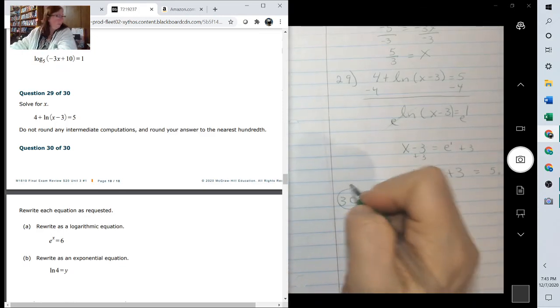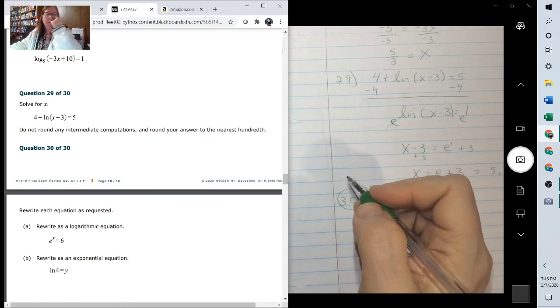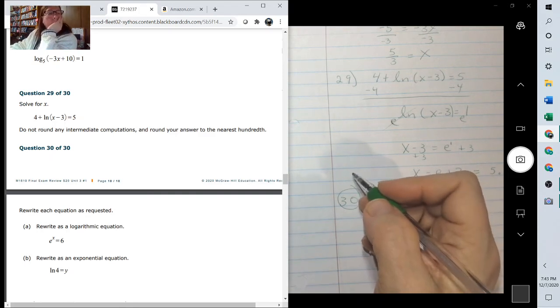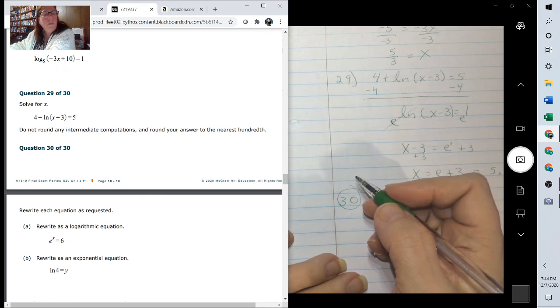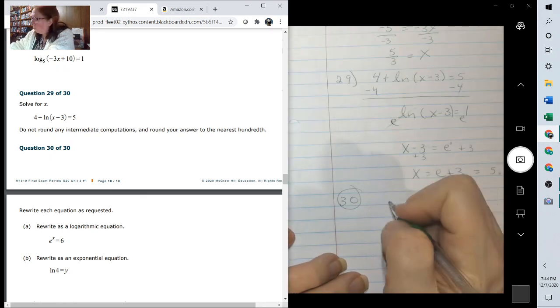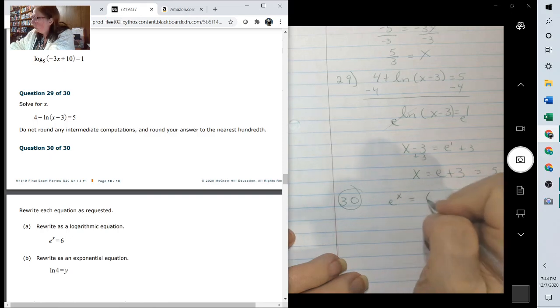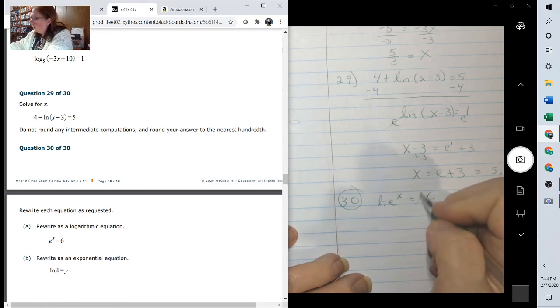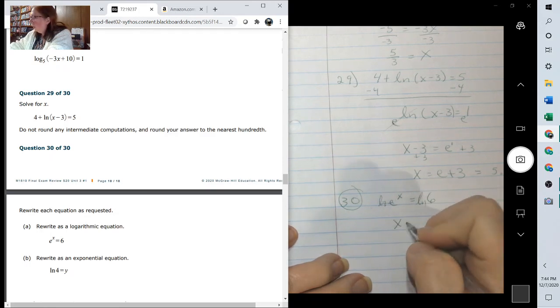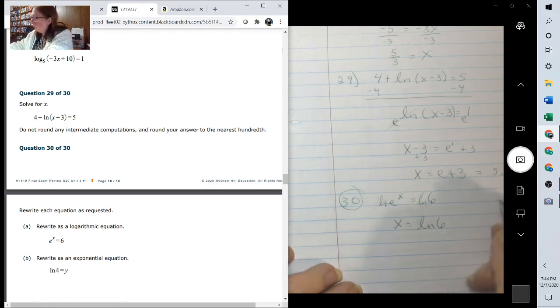Last one, number 30. Rewrite each equation as requested. Rewrite as a logarithm: e to the x equals 6. So rather than memorize the formula, just take the natural log of both sides because they cancel. X equals the natural log of 6.